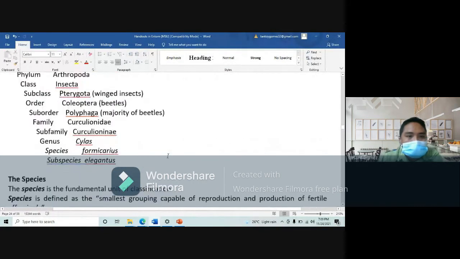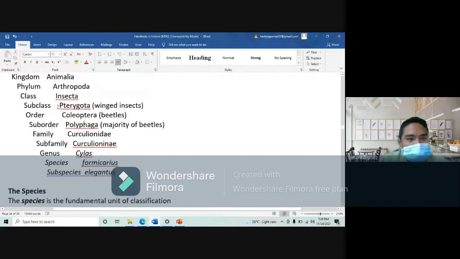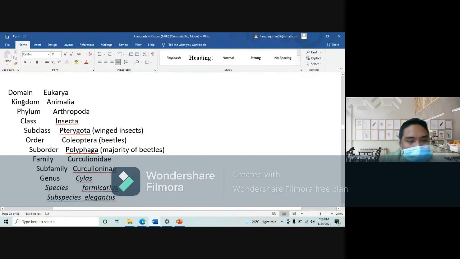Looking at the hierarchy from the kingdom down to its species, that is what we call top to bottom. But from its species going up to its kingdom, that is what we call bottoms up.